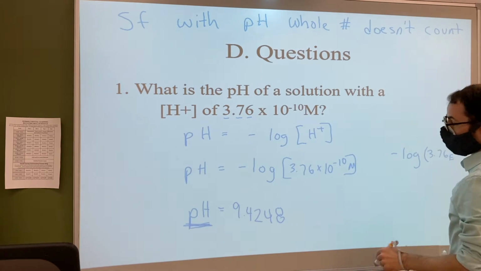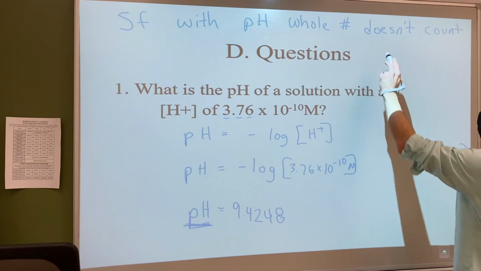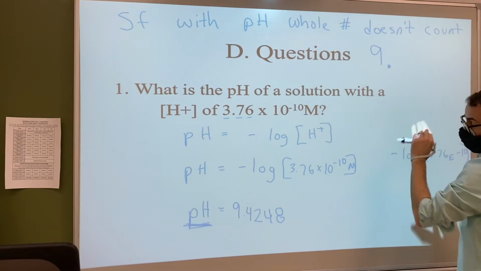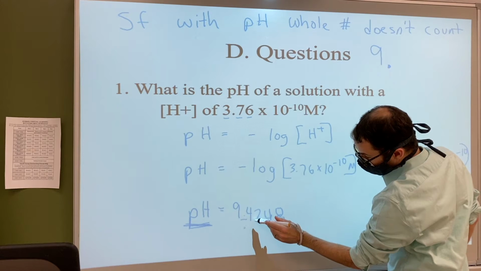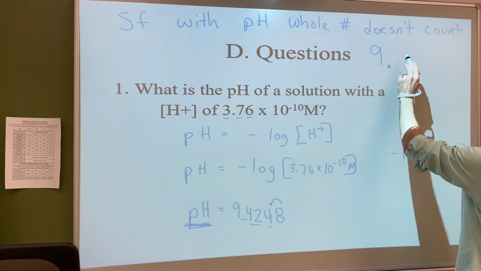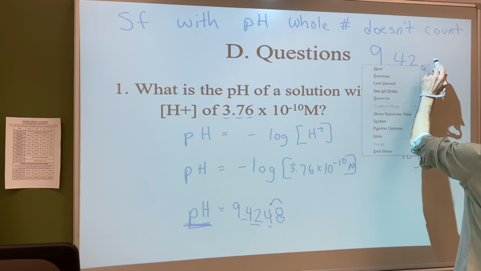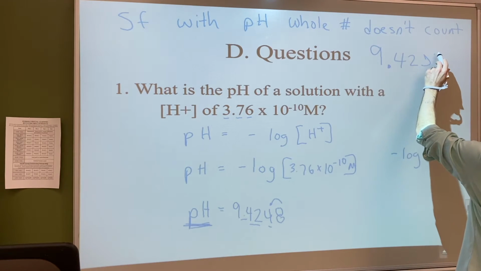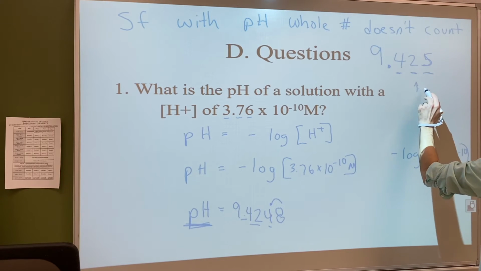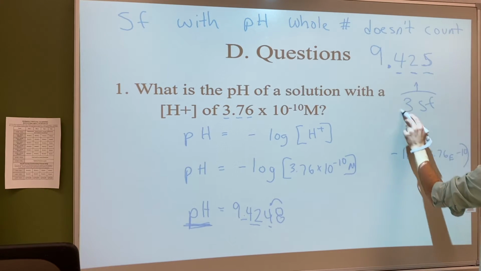Which means if we want this to have 3 sig figs, it would have to be 9, which doesn't count, and then 3 decimal places. 4, 2, 4, but because of that 8, it's going to bump it up to a 4, 2, 5. Oh no. 4, 2, 5. 3 sig figs.